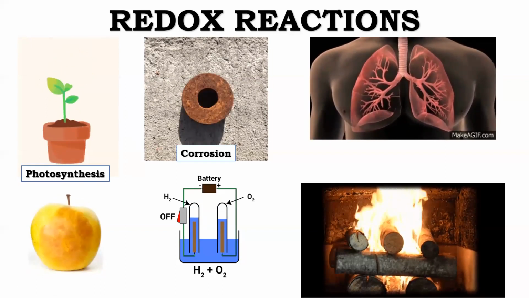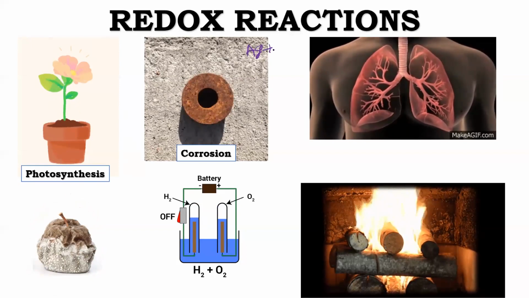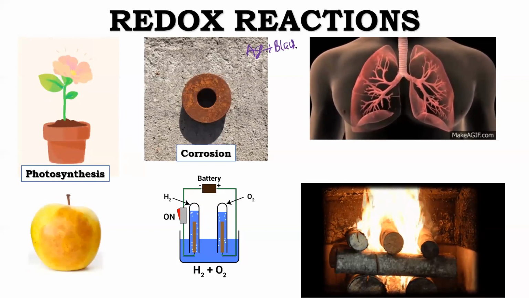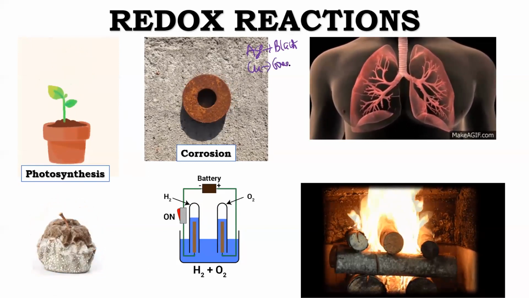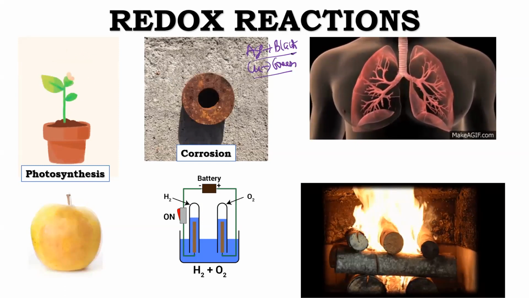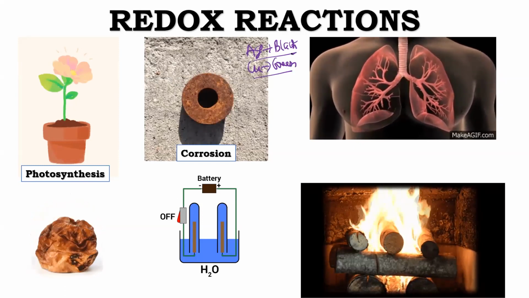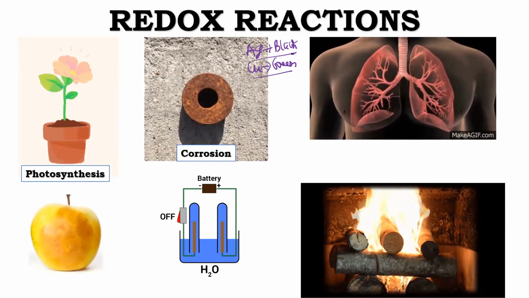In corrosion, you have to remember two things. Silver develops a black coating, and copper develops a green coating because of corrosion. Iron, you already know, develops a brick red coating, and for iron we especially call it rusting. So corrosion and rusting are examples of redox reaction.